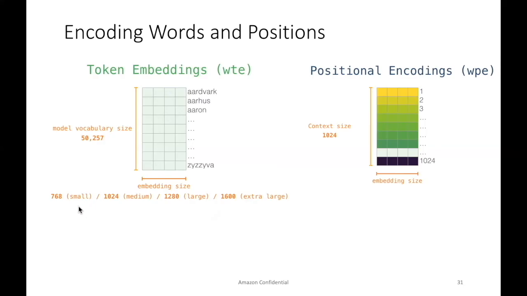Small details about these BERT models: when this number of columns is 768, then it's usually a small or a medium model, while if it is 1024 or 1280 columns, then it's a large model, and 1600 basically means extra large models.